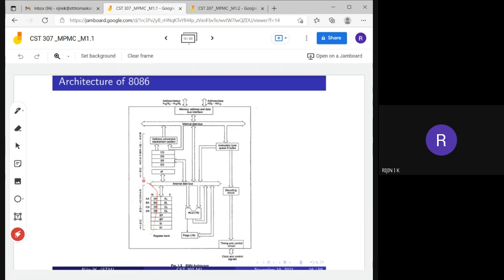There are general purpose registers, then pointers and index registers, then the 16-bit ALU, then the flag register, which is also 16-bit but has only 9 flags. Then the timing and control circuit, then the decoding circuit. The decoding circuit fetches the opcode byte from the instruction queue, decodes it, and sends the information to the control unit for execution. These are the different functional parts present in the 8086 microprocessor.